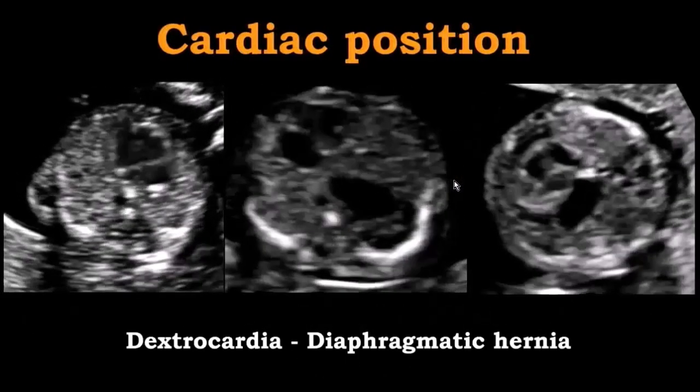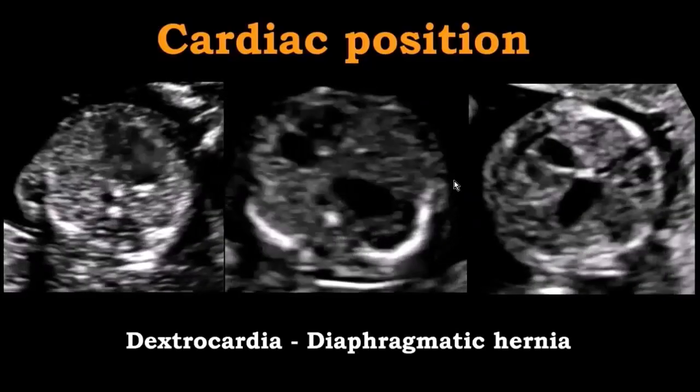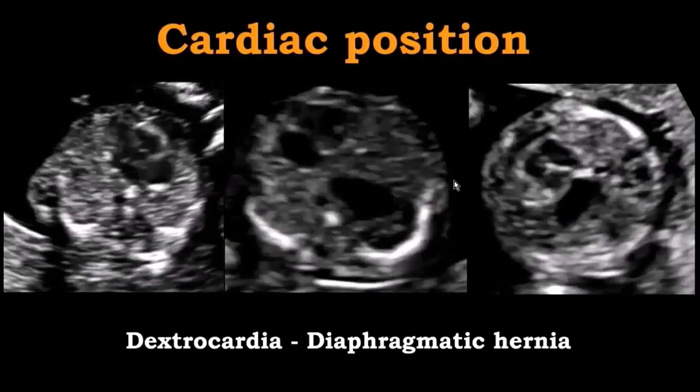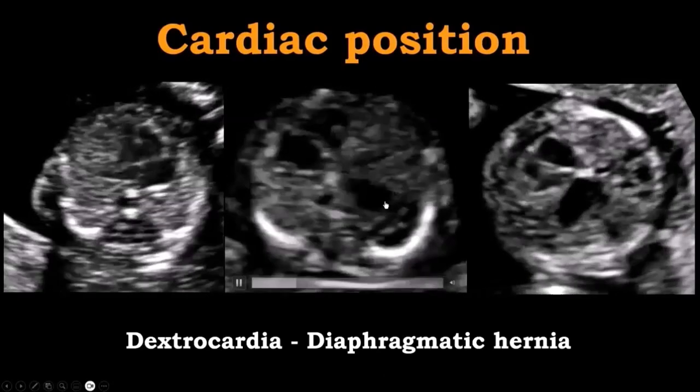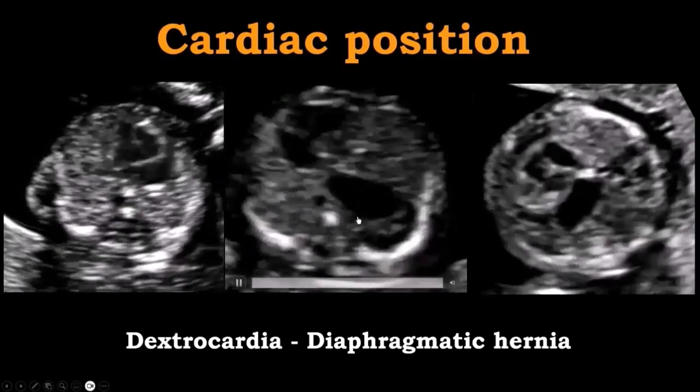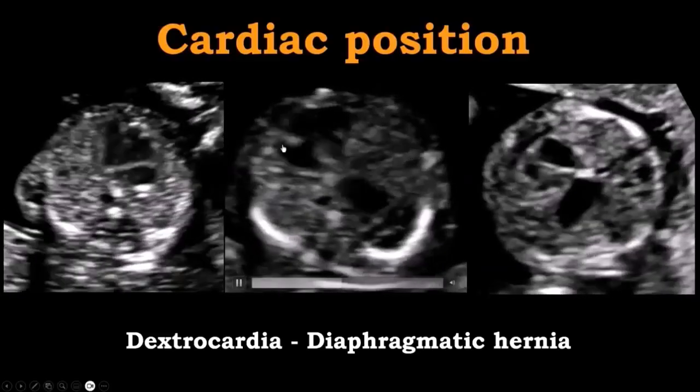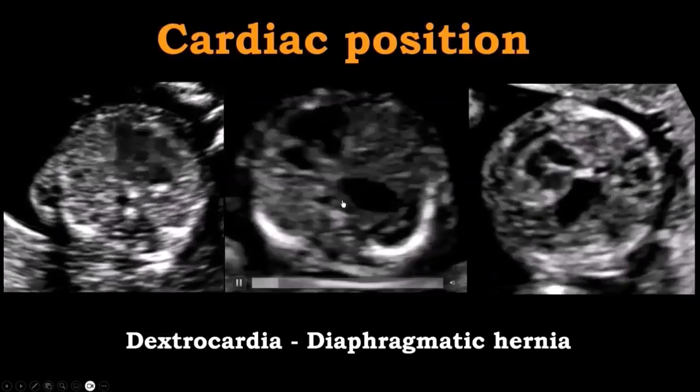So these are malformations that we absolutely have to pick up in early gestation. These are examples of the abnormal position of the heart due to a diaphragmatic defect. And these two cases are pretty obvious, and we can see not just the displacement of the heart to the side, but also the stomach within the chest.